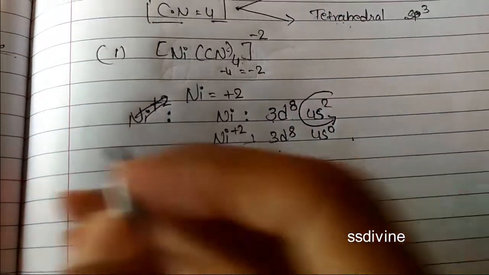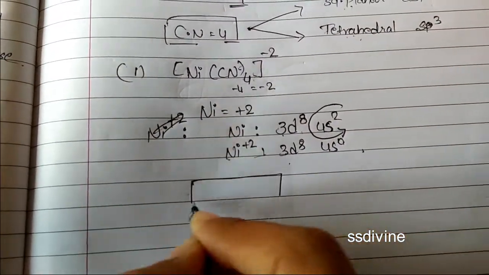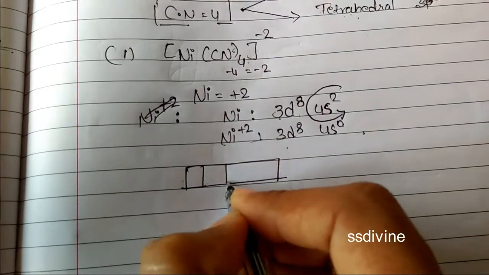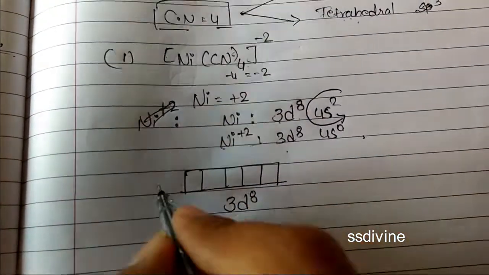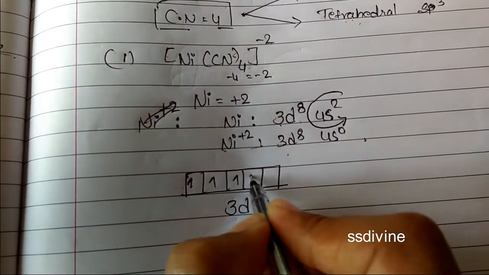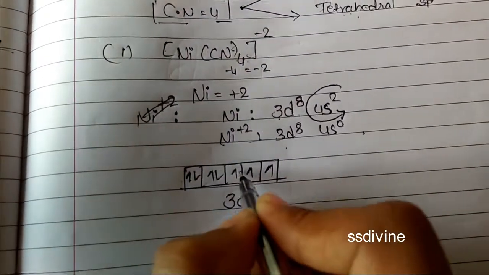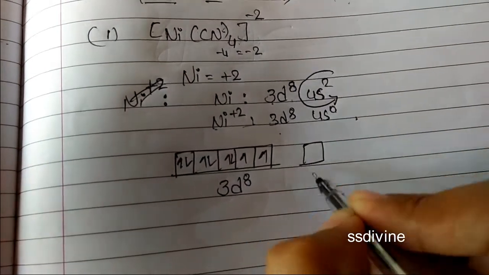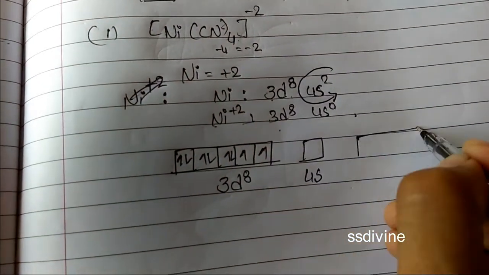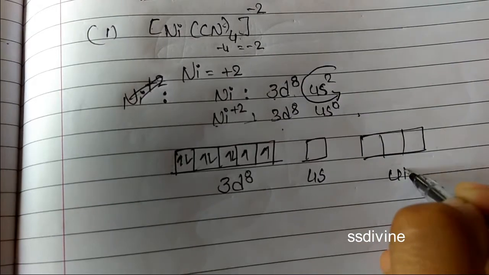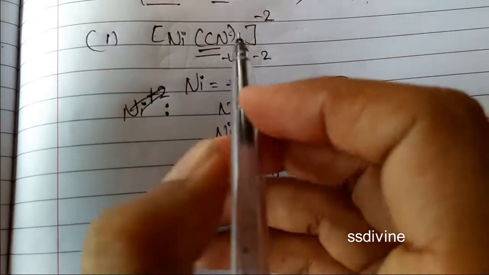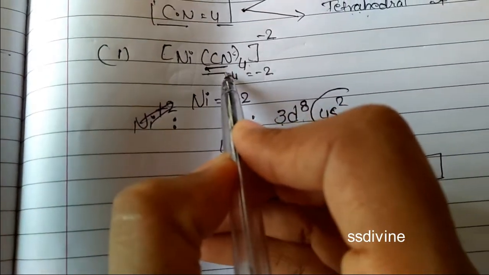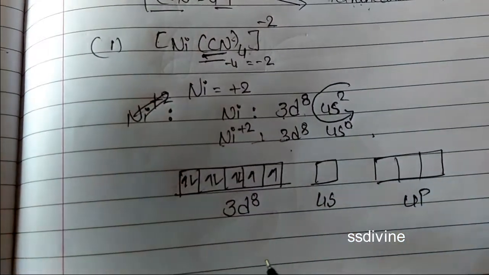Now fill up these electrons, that is 3d. 5 compartments are there. 3d8, fill up the 8 electrons, 1, 2, 3, 4, 5, 6, 7 and 8. Here you will get 4s as empty and then 4p as empty. Now here our ligand is cyanide, which is a strong field ligand. So the strong field ligand has the tendency to pair up the electrons.